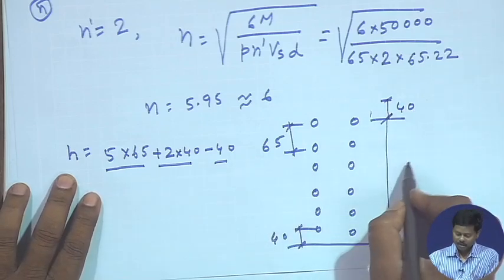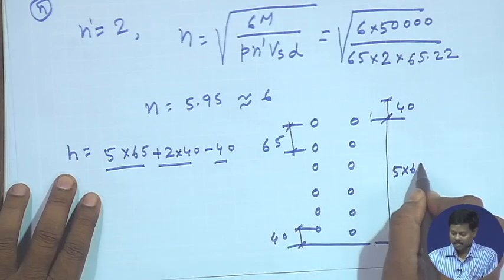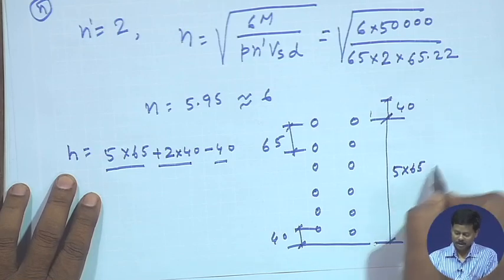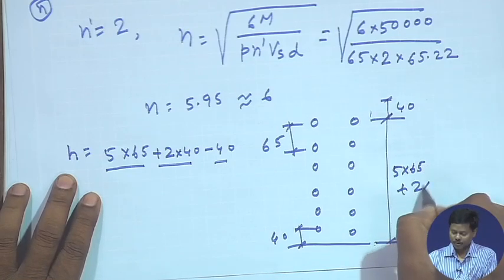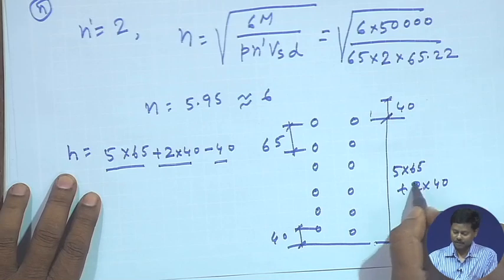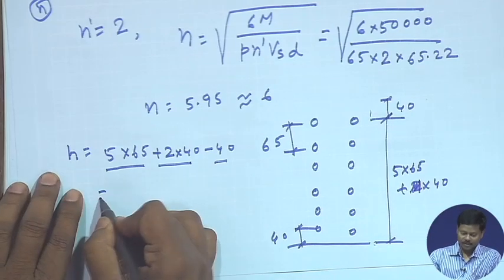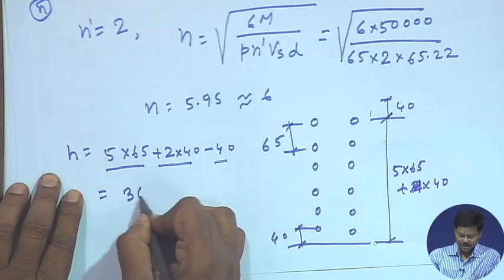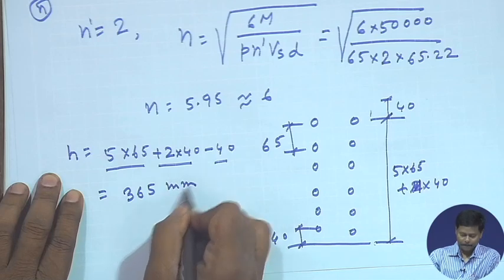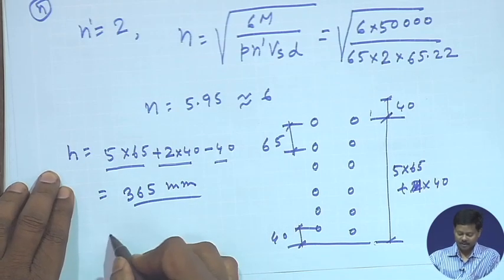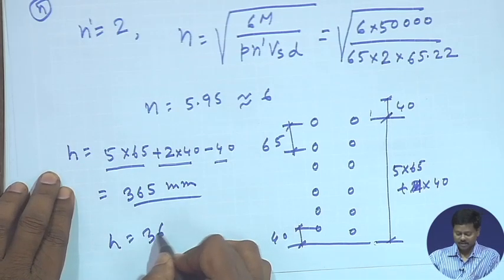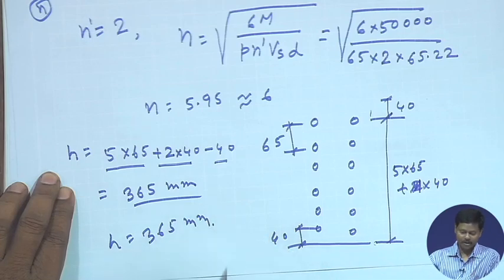So H will be 5 into 65, for 6 bolts, plus 2 into 40, sorry, 1 into 40. That means this will be 365 millimeter. So the H value we are getting is 365 millimeter, right.